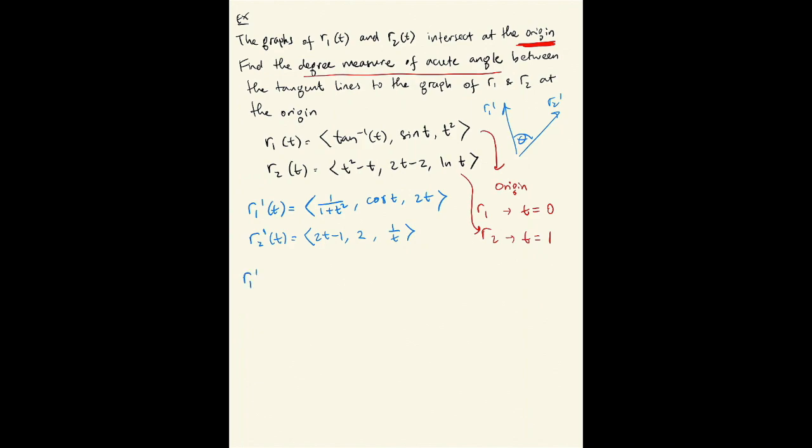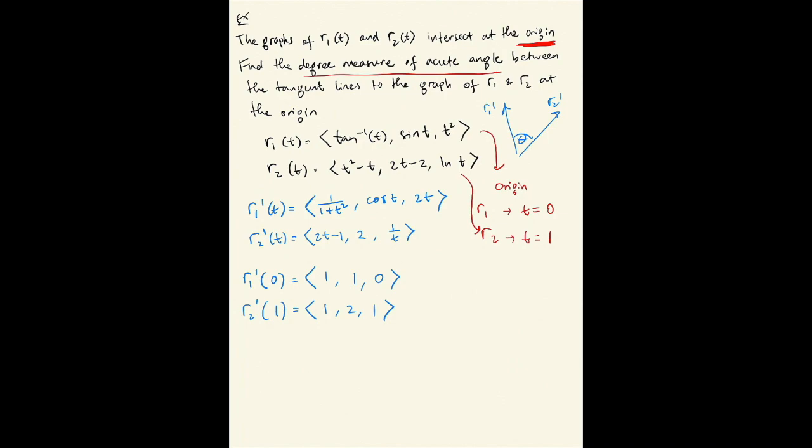So R1 prime at 0 will be 1, 1, 1, 1, and then 0, right? And then R2, oh wait, 1. So 2 minus 1, 1, 2, 1, right?